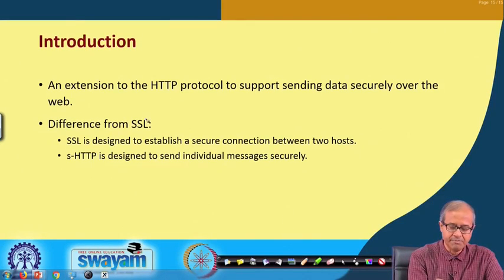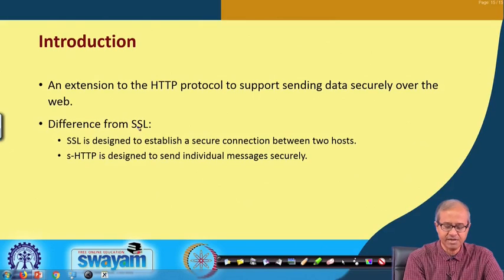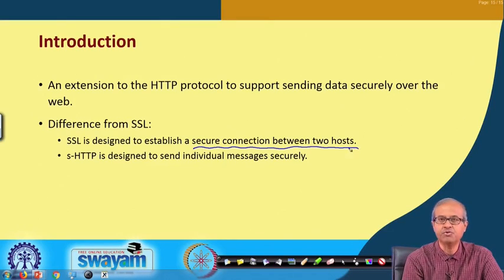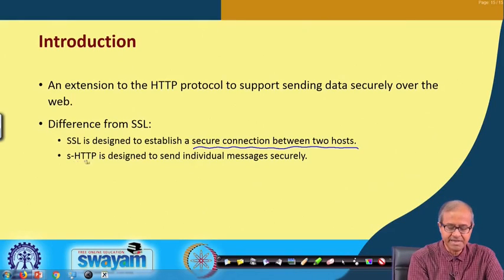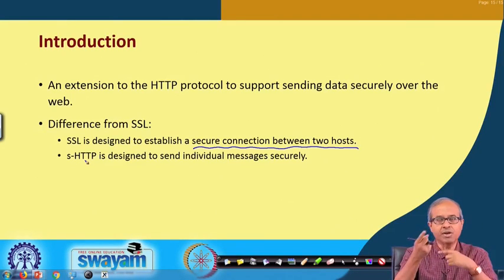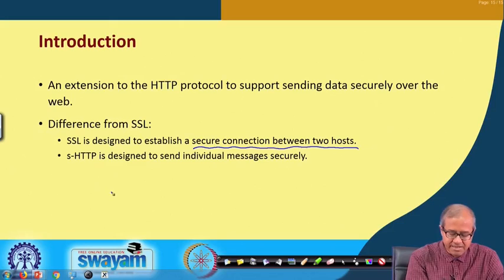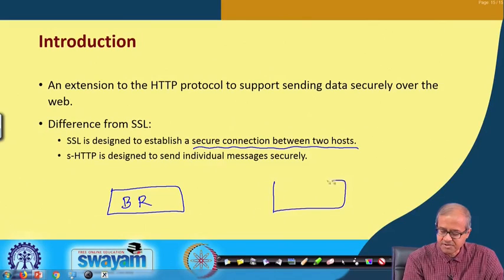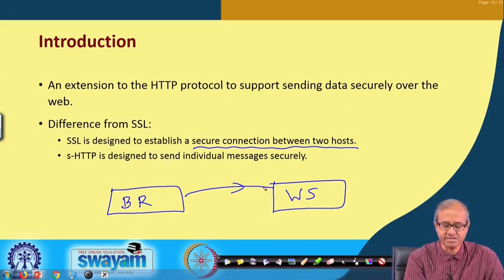The basic difference from secure socket layer is that in SSL we are trying to establish a secure connection between two hosts, okay. But in SHTTP we are talking about individual messages that are going from a web browser to a web server. We are talking about protecting individual messages.